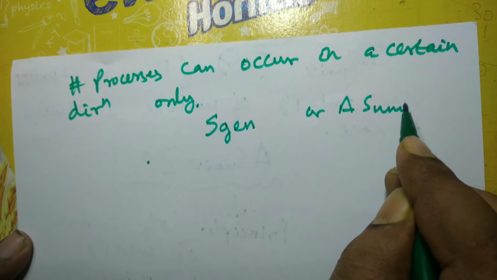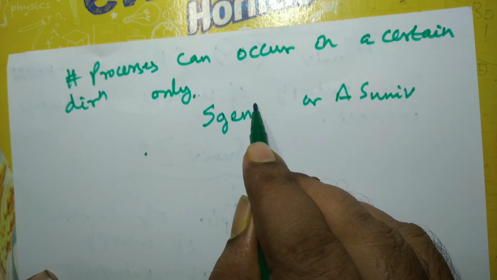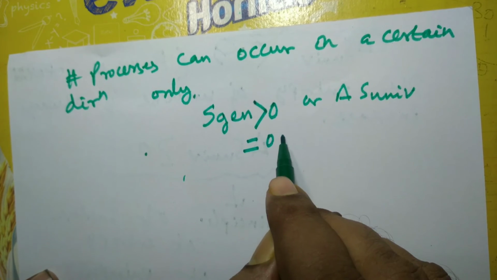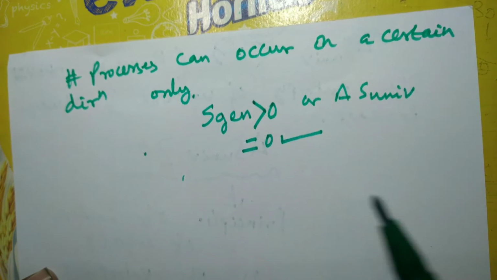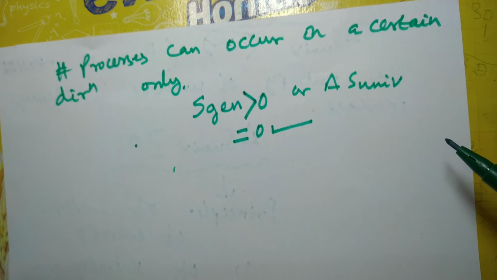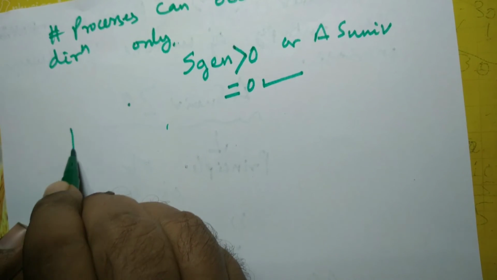The process can take place only if Sgen is greater than 0, that is an actual process, and equal to 0 means this is a reversible process. And if you calculate Sgen to be negative in a process, that process is not feasible or is impossible.